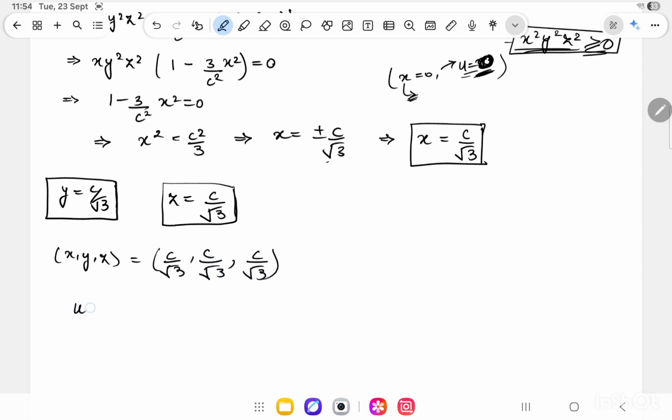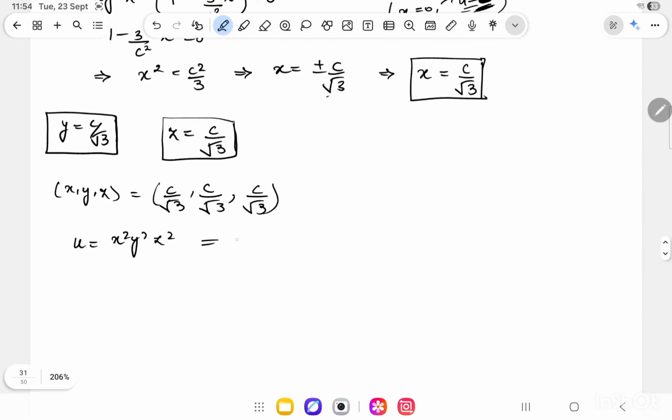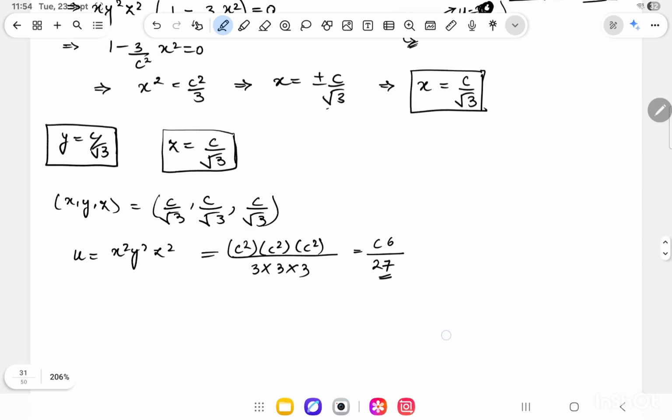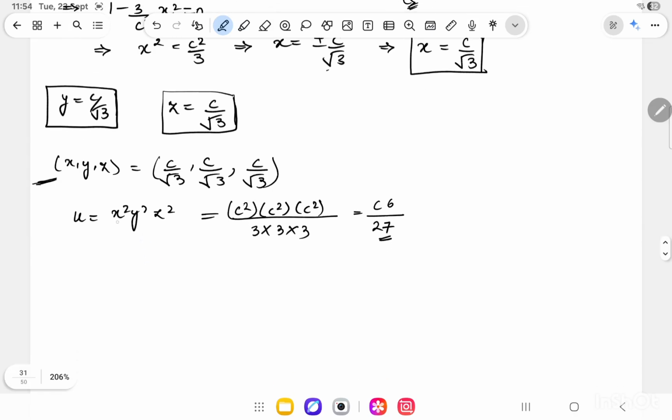So the value of u here will be basically x square, y square, z square, and that will be c square by 3 into 3 into 3, that is c raised to 6 by 27. So this is the maximum possible value, and we're supposed to verify this as well, that at this point, basically this x, y and z, we'll get the maximum value of the function x square, y square, z square.